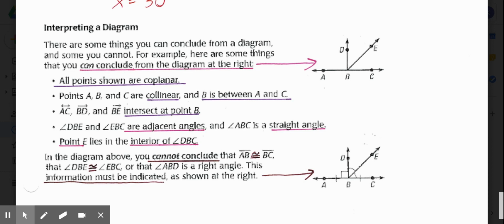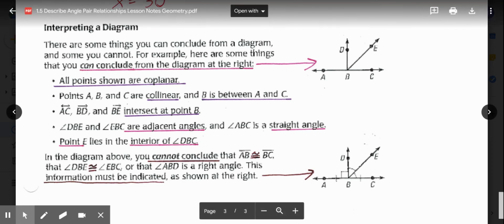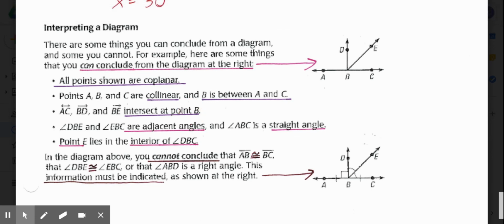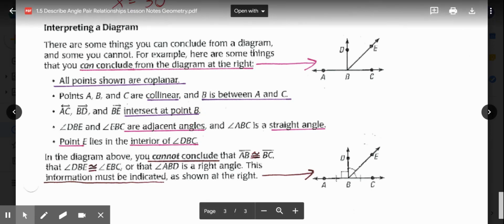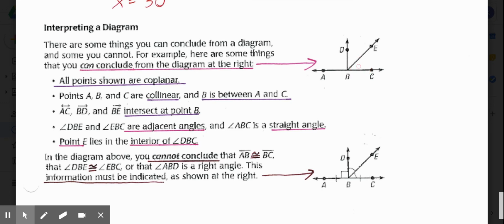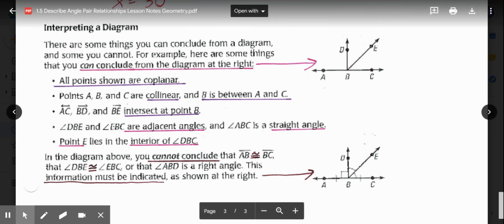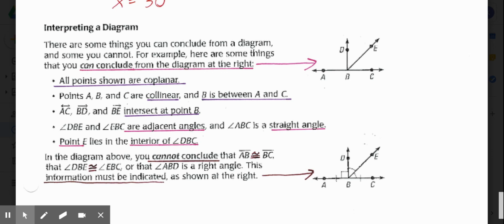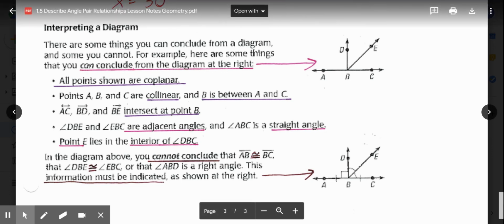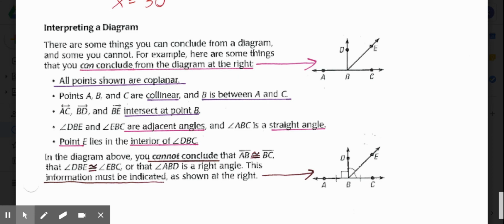We can also conclude that AC is a line, BD is a ray, and BE is also a ray, and that they all intersect at point B. Then we can also conclude angle DBE and EBC, so DBE right here, and then EBC right here, are adjacent angles, and we could also conclude that angle ABC is a straight angle or a flat line.